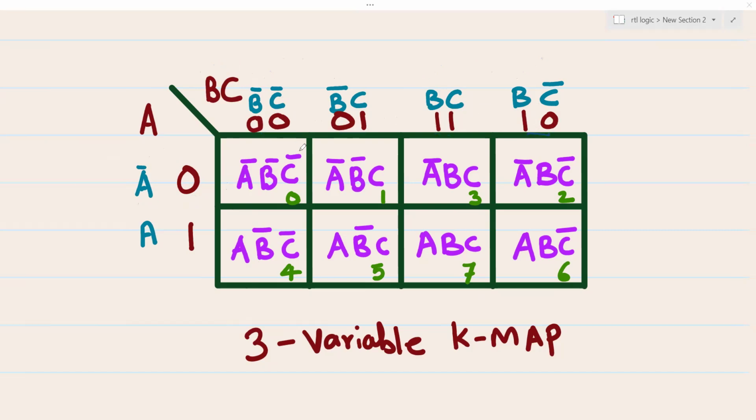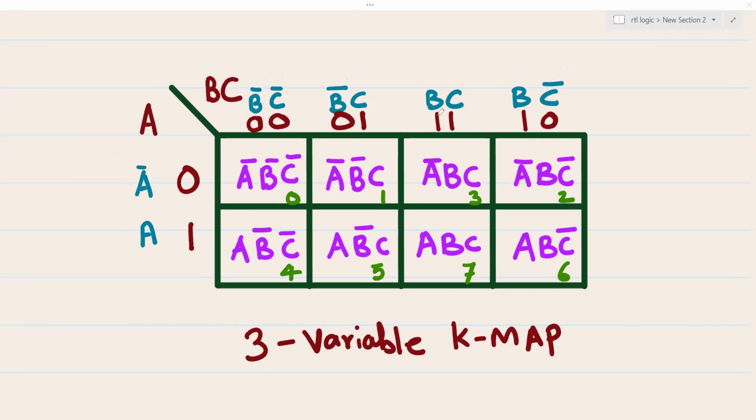So this is how the graphical representation should look like. When you say BC 00, it means B bar, C bar. 01 means B bar, C. BC is nothing but 1, 1. And 10 means B, C bar.